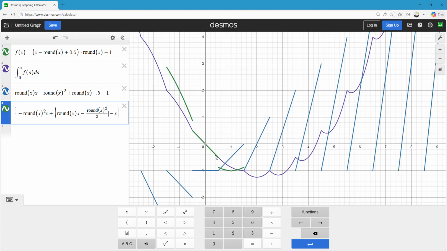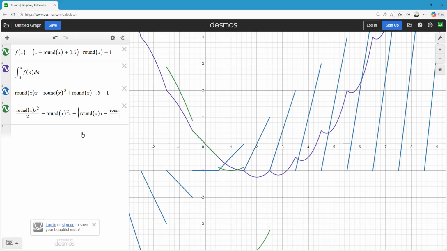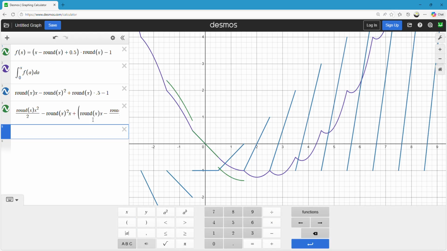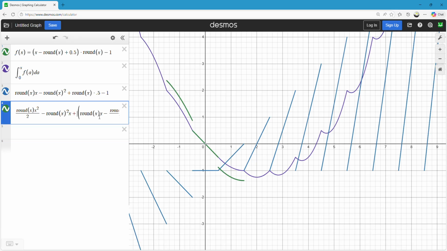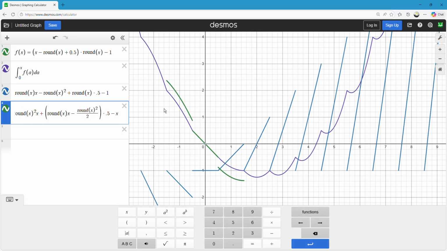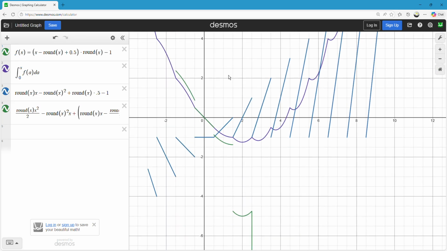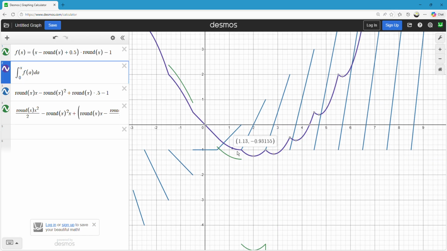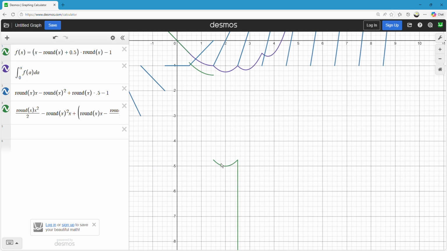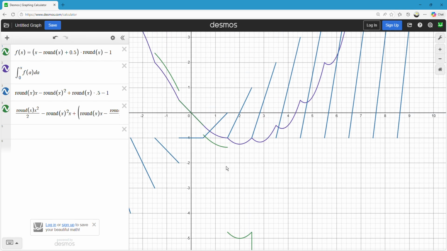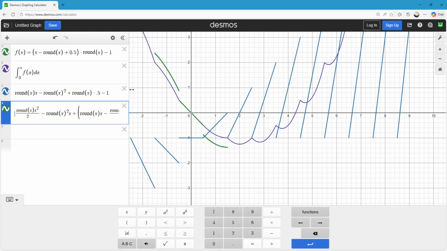I haven't done calculus in so long. Is that it? I think that was the actual function right here. Oh my god, I think I actually got it first try, somewhat.